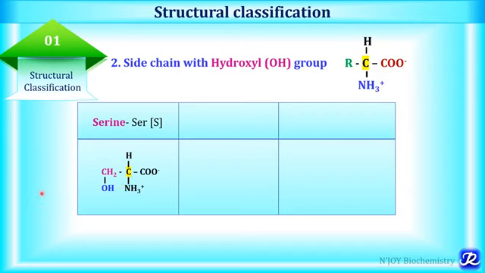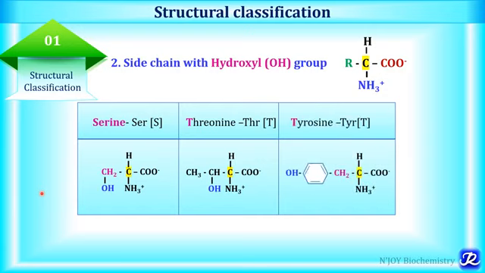So this is a hydroxyl group containing amino acid. Second is threonine, which has a hydroxyl group in its side chain. Tyrosine can also be included in this classification, as a hydroxyl group is present in its structure. So the amino acids which have a side chain containing a hydroxyl group are serine, threonine and tyrosine.